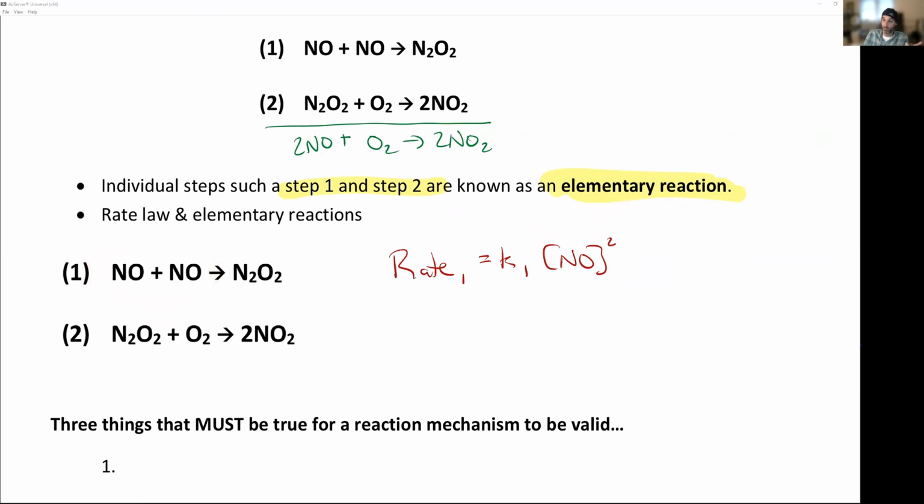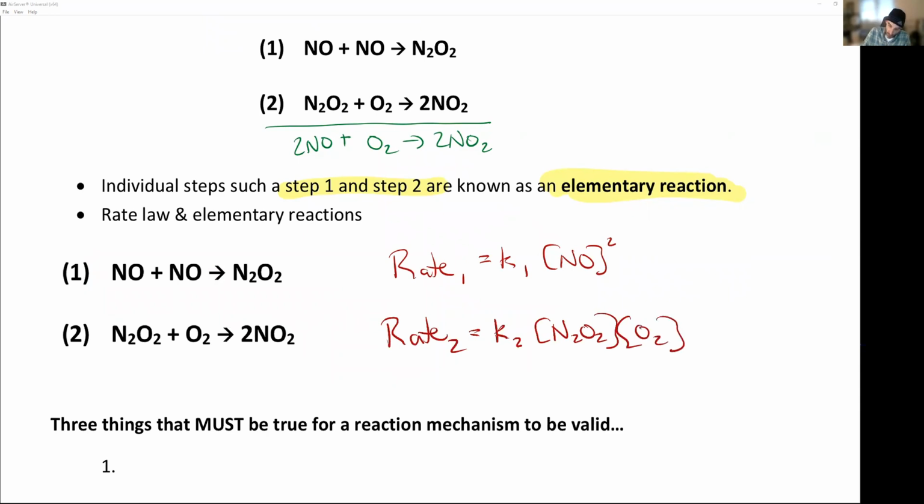So what is the rate law for the second one? You give that a try. Again, I would pause it. Rate of step 2 is equal to the rate constant of 2 times N2O2 times O2, and that's it.